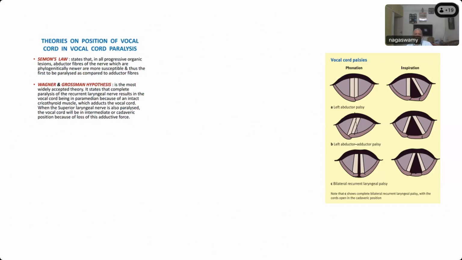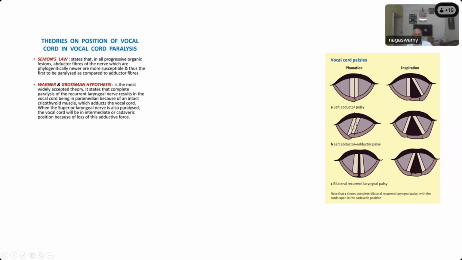So you can see there is a left abductor palsy, only one side, and during phonation they are compensating, whereas during inspiration you can see only one side is moving, this side is not moving. So this is a unilateral cord palsy. The opening is made adequate by the overactivity of the normal side, whereas this is both left abductor and adductor palsy.